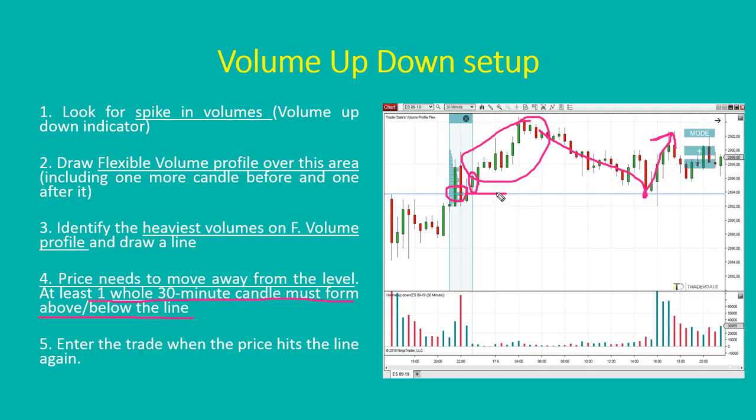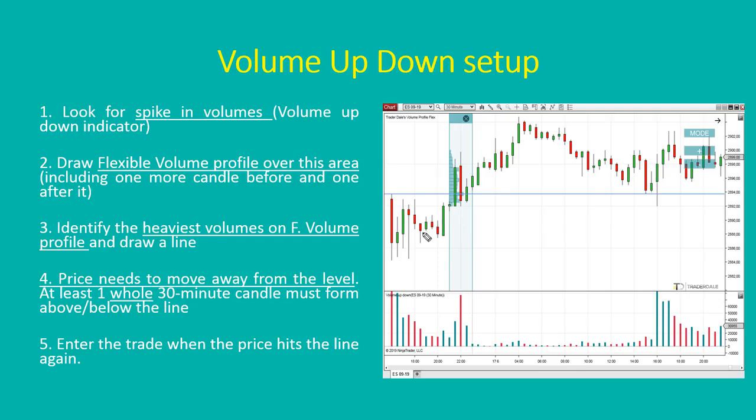You enter in the direction where the price moved away from the volumes. So the price moved upwards from those volumes, which means you will go long when the price hits the level. No need for any confirmation, you just enter at first hit. For example, when you trade on euro-dollar, I traded with a 10 pip stop loss and 10 pip profit target.